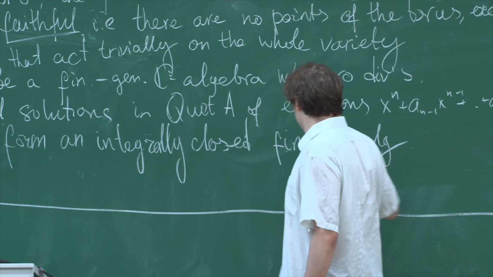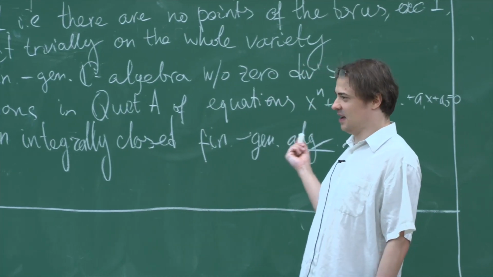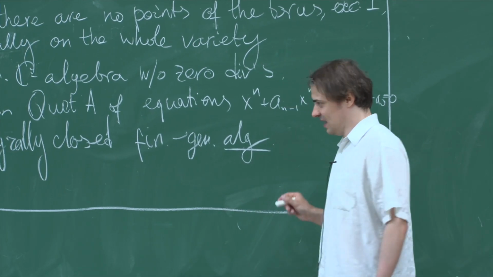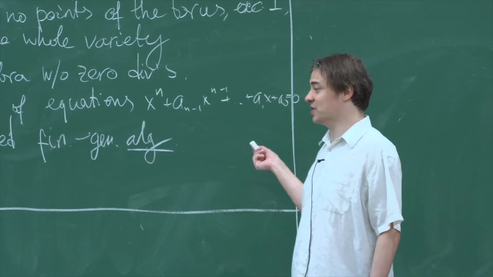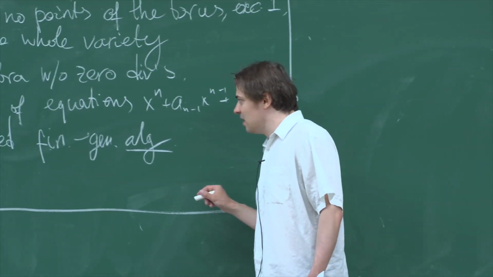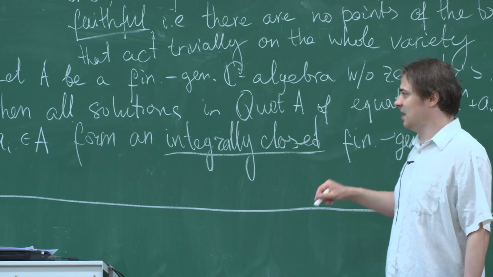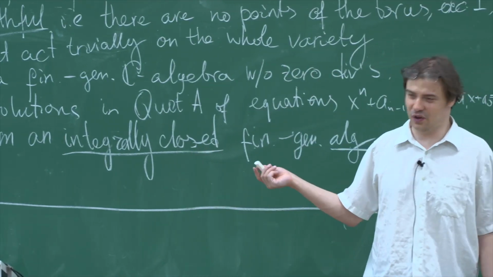So the algebra requires a proof, but is easy. That such solutions, this set of solutions is closed under addition and multiplication. This is easy. Integrally closed is also, well, not so hard.